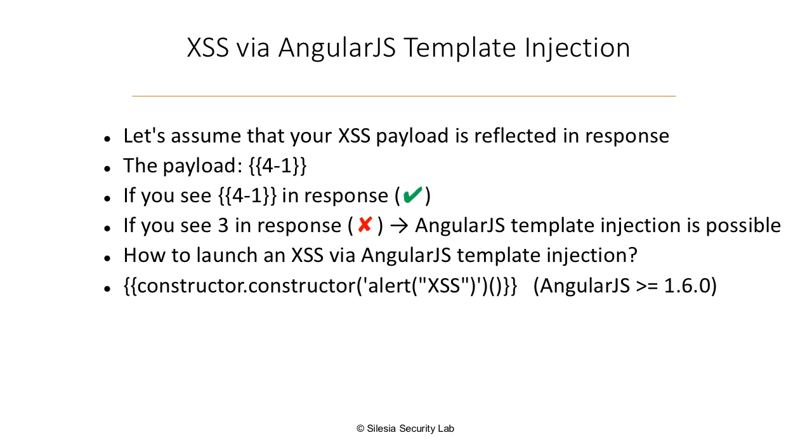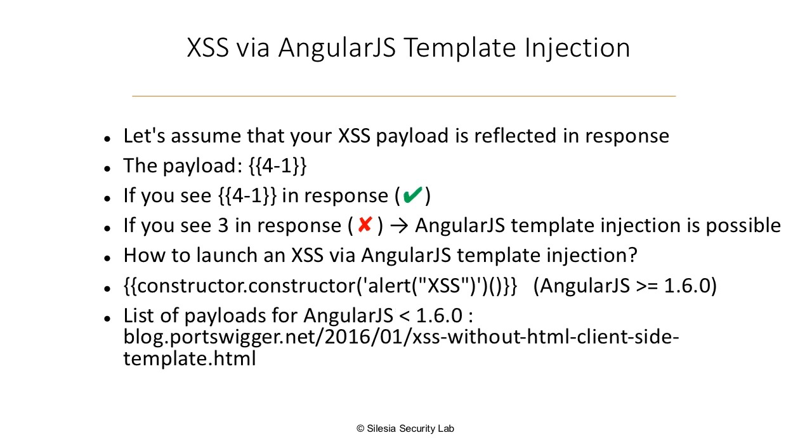And this payload works for AngularJS versions greater than or equal to 1.6.0, so the most up-to-date ones, right? And if your version of AngularJS is smaller than 1.6.0, then I recommend you to go to this URL and you will find there the XSS payloads for older AngularJS versions, right?